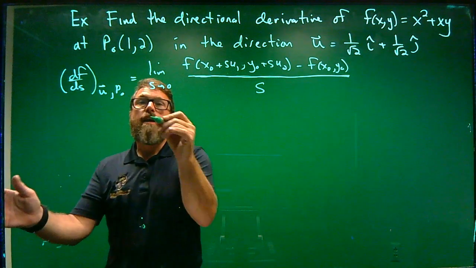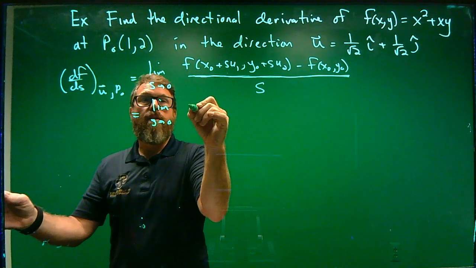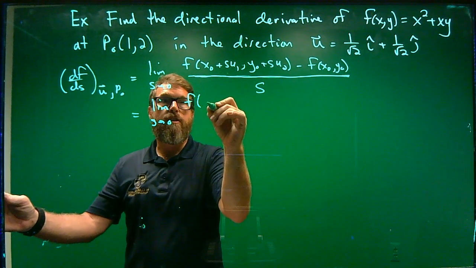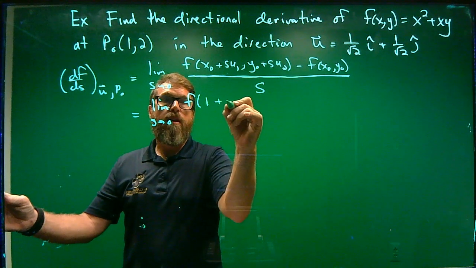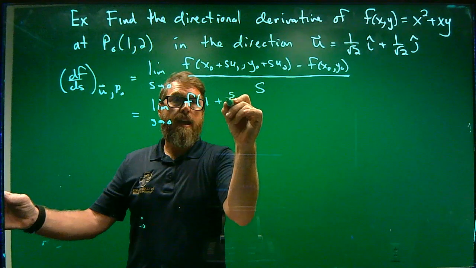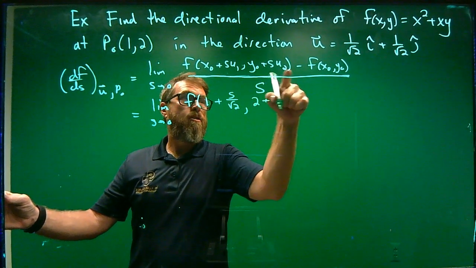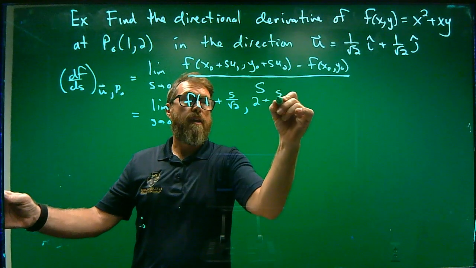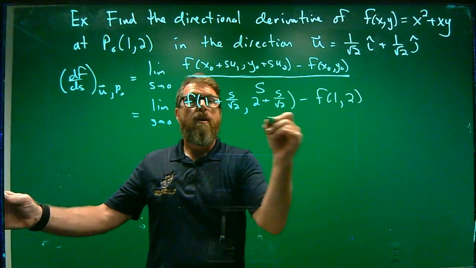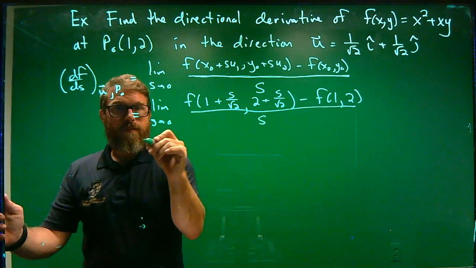So plugging this in, this is going to be the limit as s goes to 0 of f of, we'll just evaluate the inside and stuff it into the function next. So x naught is 1 plus s times 1 over root 2, so s over root 2, comma y naught, which is 2 plus s u2, so s times this is also s over root 2, minus f of 1 comma 2, all divided by s. Now we can evaluate the function at these points.